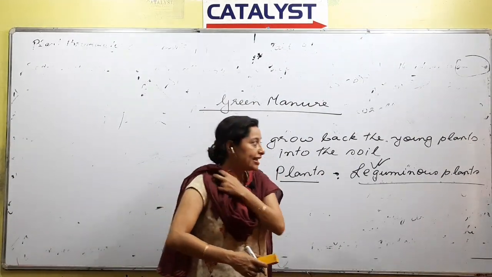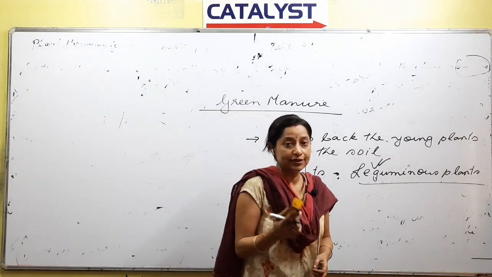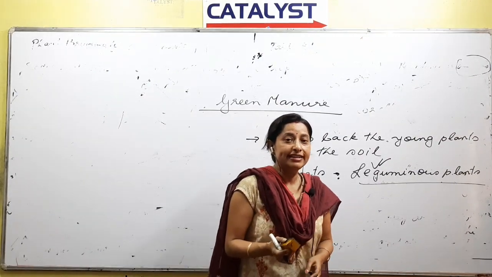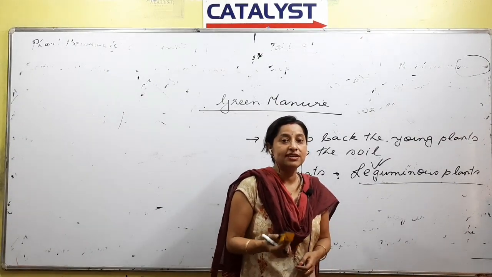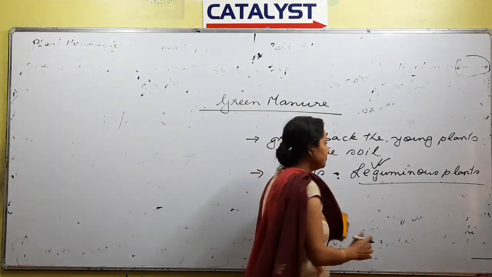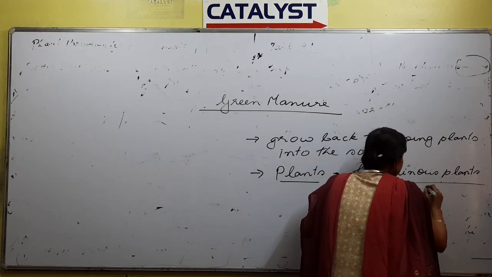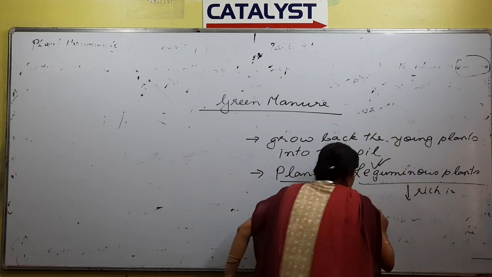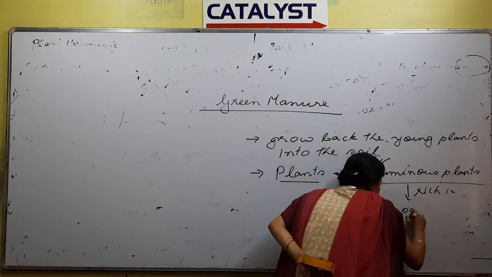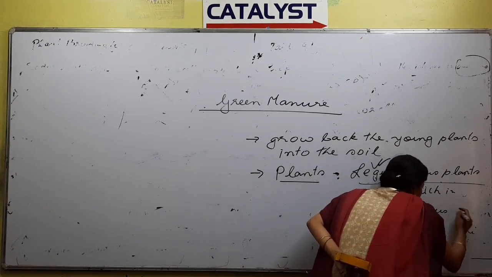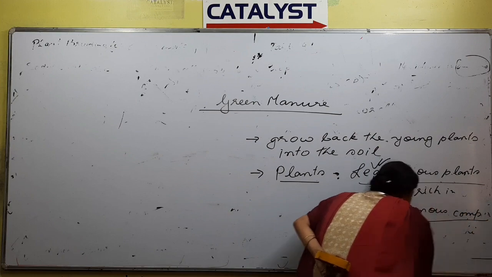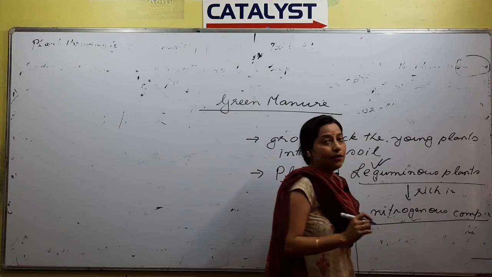Leguminous plants has an advantage, and what is the advantage we are talking about? It is rich in nitrogenous substances, right? So leguminous plants rich in nitrogenous compounds, no? Or kiho karone they are rich in nitrogenous compounds, yeah, how they are rich in nitrogenous compounds?